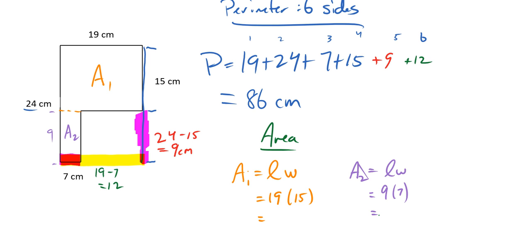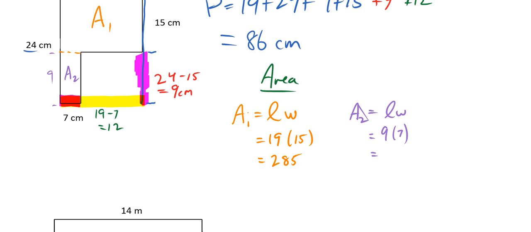Use my trusty calculator. 19 times 15. So that one's 285. 9 times 7, this one's 63. And then the total area. What did we say we're going to do? Add them together.